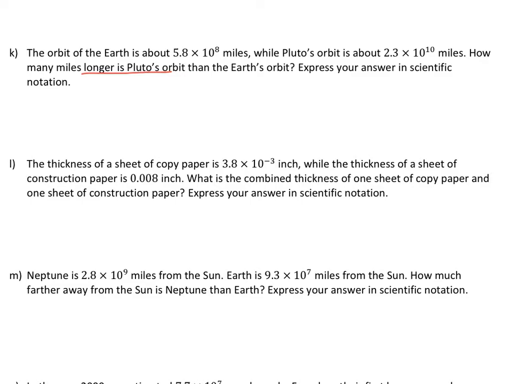I know Pluto's orbit is longer because it's asking how much longer it is. So Pluto's orbit would go first, 2.3 times 10 to the 10th. And to find out how much longer, I'm going to subtract the orbit of the Earth distance, which is 5.8 times 10 to the 8th.